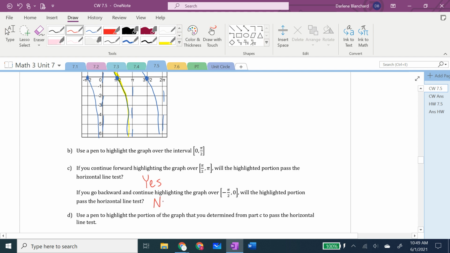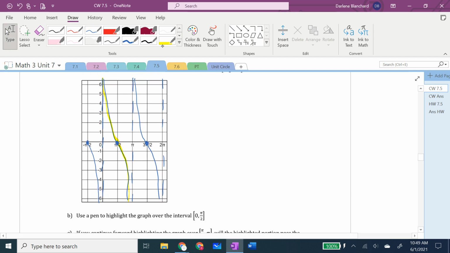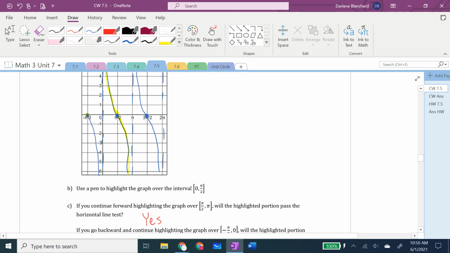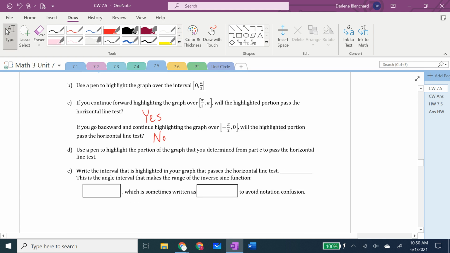If I go backward, the answer is going to be no, because at negative pi over 2 and at pi over 2, we have y values that are both 0, and it doesn't pass the horizontal line test, which means that this is 0 to pi, and we write it inverse cotangent or arc cotangent of x.